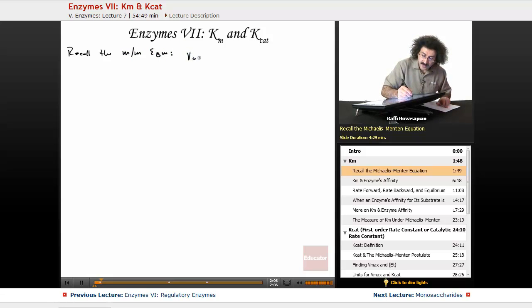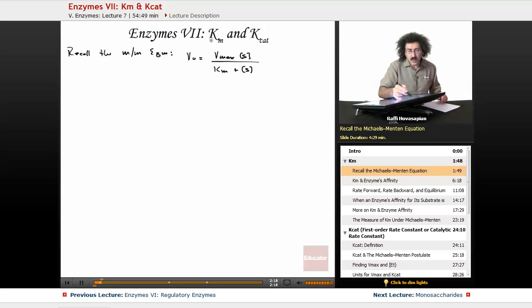It said V0 is equal to Vmax times the substrate concentration over something called Km plus the substrate concentration. So basically what this equation does is it relates the speed, the velocity, the rate of the reaction, how fast it's going, in either moles per second or molarity per second, as a function of substrate concentration, which is really very convenient. It's such a beautiful equation.